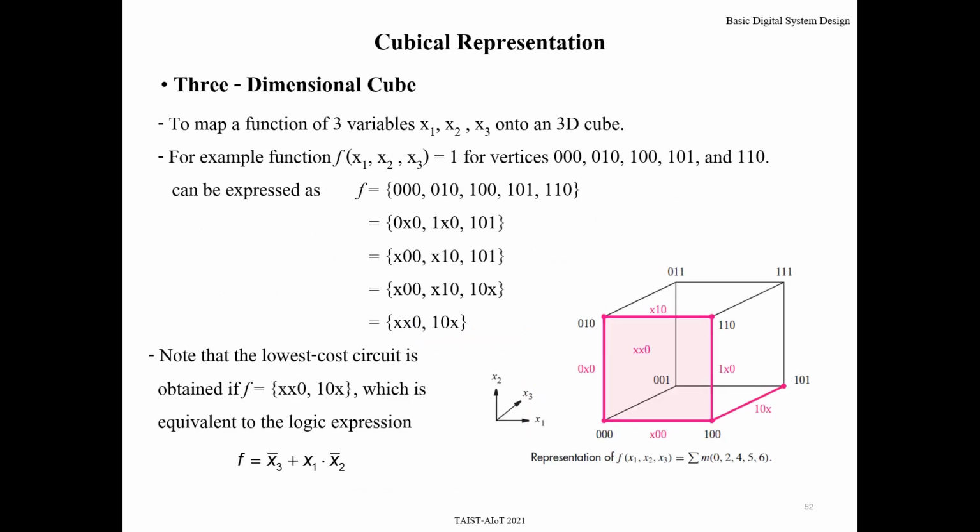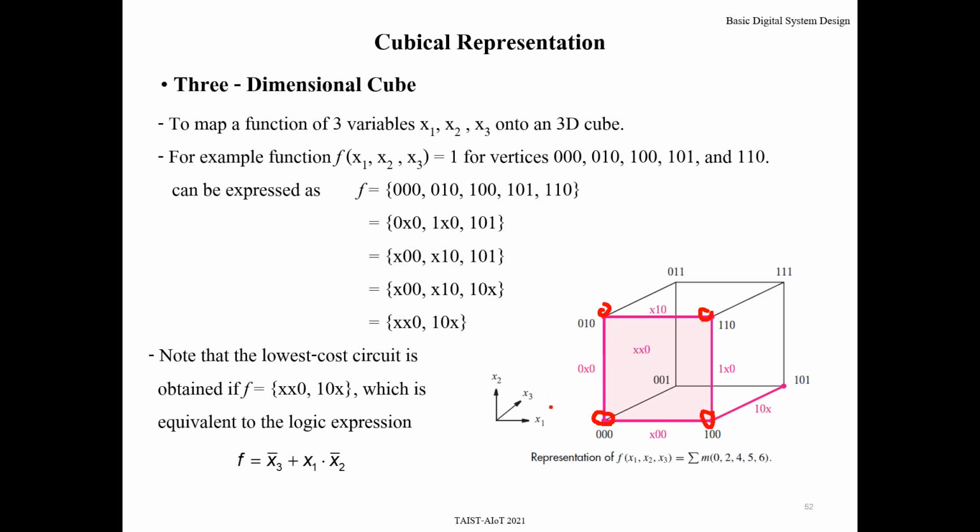And for this 3D cube, there are 3 variables. This axis is for x1, this one for x2, this one for x3. Again, we have vertices.